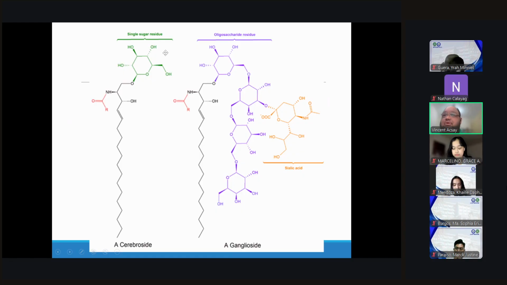That is a cerebroside. Your ganglioside this time is attached to, in this case, a 4-sugar moiety of oligosaccharide that contains one branch of sialic acid. So that is a ganglioside.